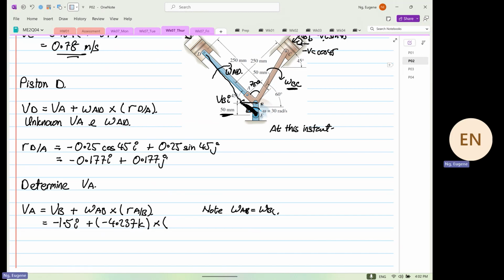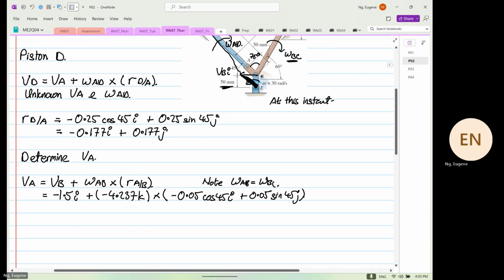We don't know R AB yet. This will be equal to again cos 45, so it's negative 0.05 cos 45 i plus 0.05 sine 45 j.